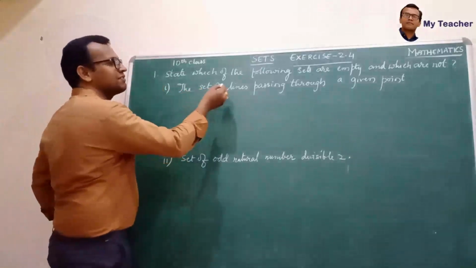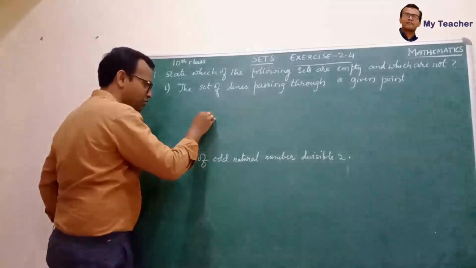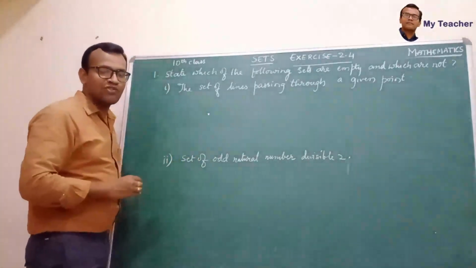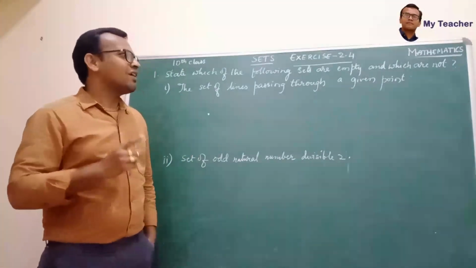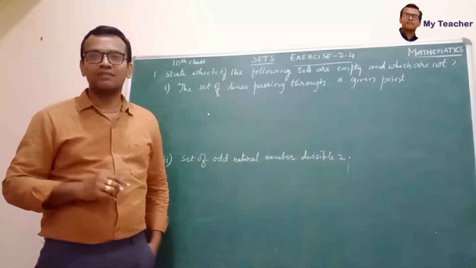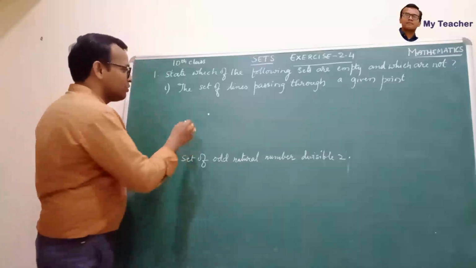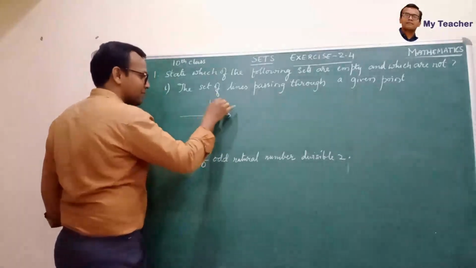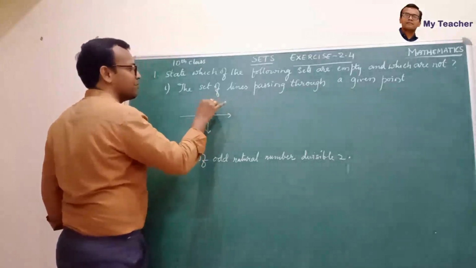The set of lines passing through a given point. Children, how many lines can be passing through a given point? Yes, infinitely many. You can draw many lines passing through a given point.